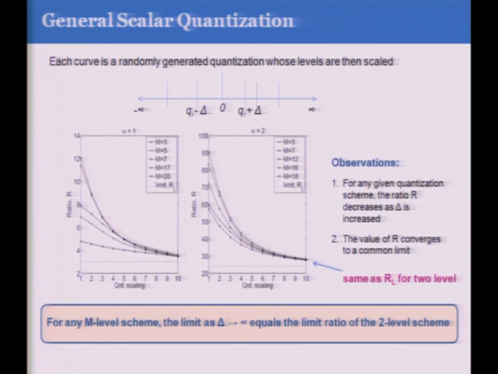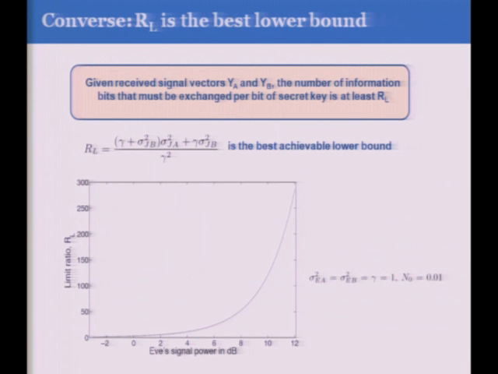RL is the best operating point for this setup. Conversely, you can also show that RL is in fact the best lower bound you can get. Given these discrete signal vectors ya and yb, no matter what transformation you make of ya, the number of information bits that you need per bit of secret key is at least r.